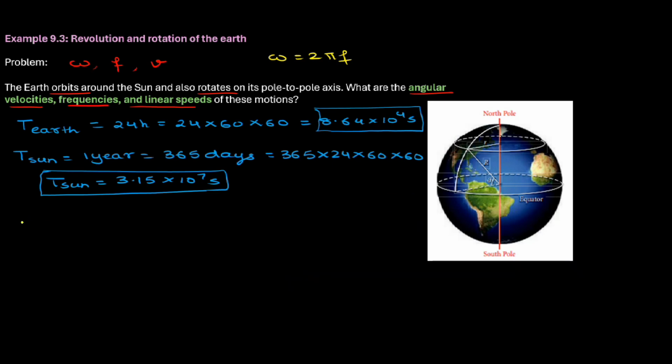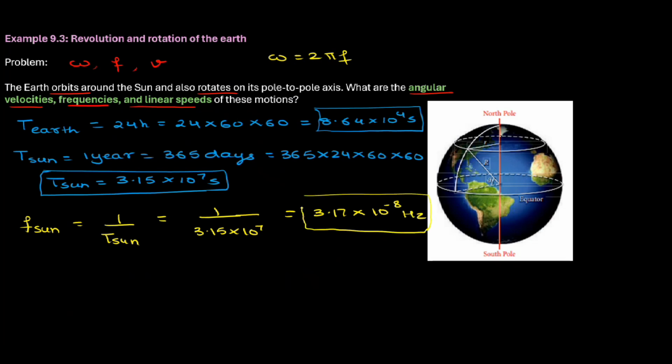Now we follow the same steps to find the frequency of revolution. Frequency of revolution around the Sun will be given as 1 over the time it takes to complete one revolution. So that will be equal to 1 over 3.15 times 10 to the power 7 seconds. And that gives me the frequency of revolution as 3.17 times 10 to the power negative 8 hertz.